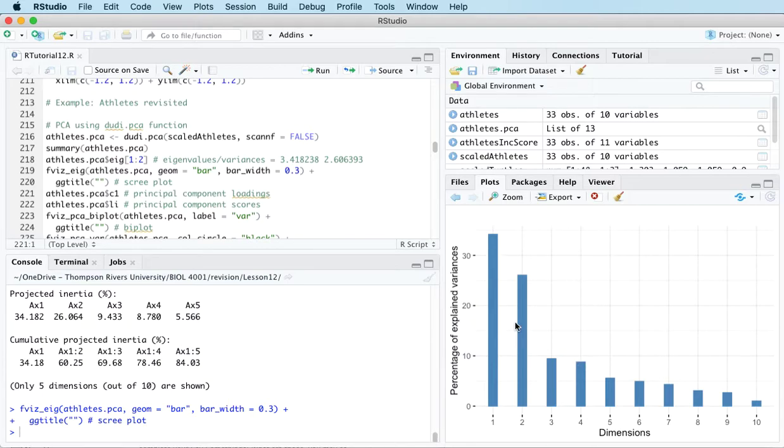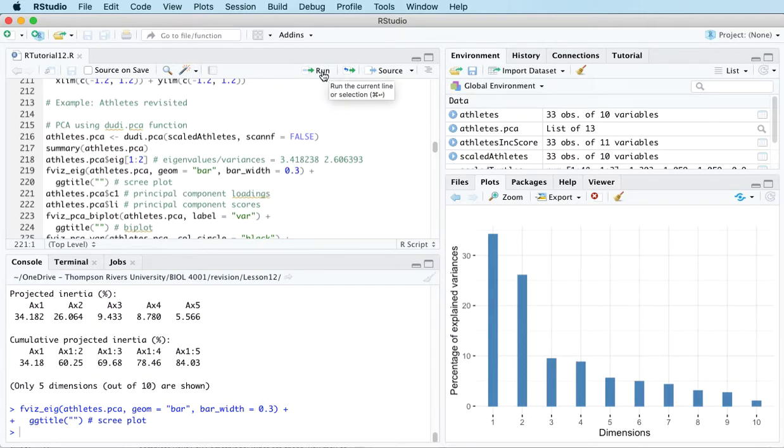This reinforces the notion that we can probably get a good summary of the structure in the data if we just use these first two dimensions, because together they're explaining over 60% of the variance, and then there's a big drop for all the other dimensions. This kind of plot is useful in that it tells us that a two-dimensional solution is probably going to be quite helpful.